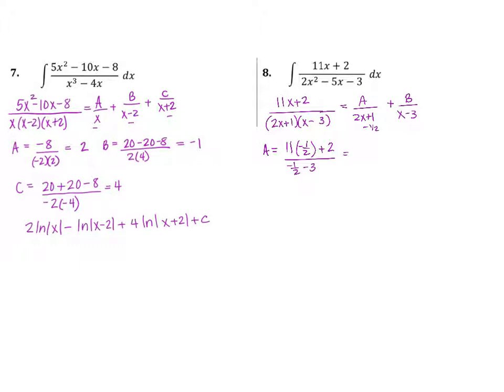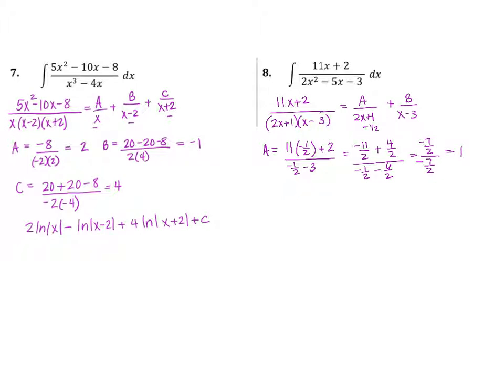So we're going to have a negative 11/2 plus 4 over 2, all of that over negative 1/2 minus 6 over 2. I just built some nasty fractions here. So that's going to give me negative 7/2 over negative 7/2. I was trying to multiply that. So that's going to generate a positive 1.